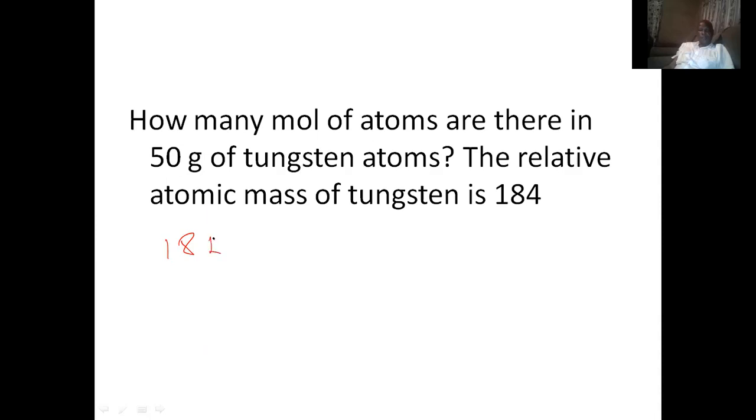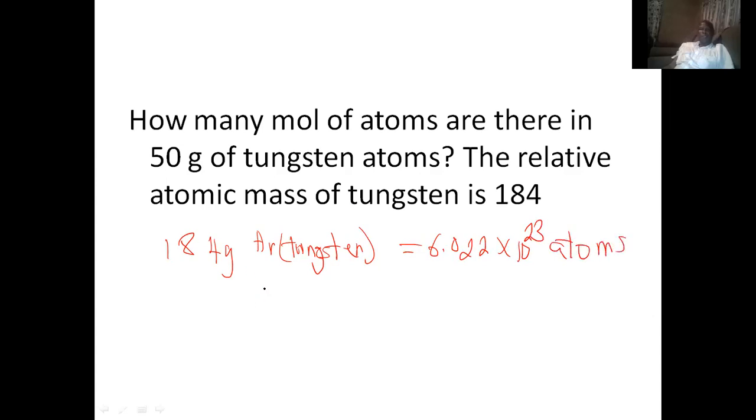So 184 grams, the relative atomic mass for tungsten, should be equal to 6.022 times 10 to the power 23 atoms.